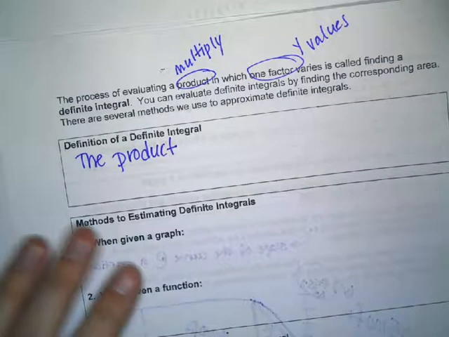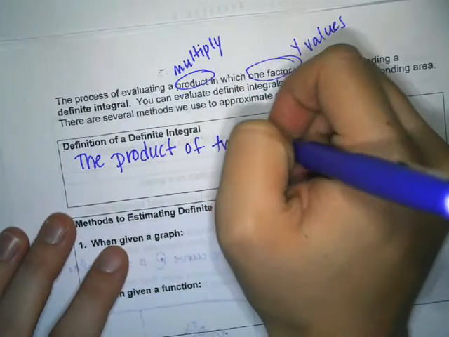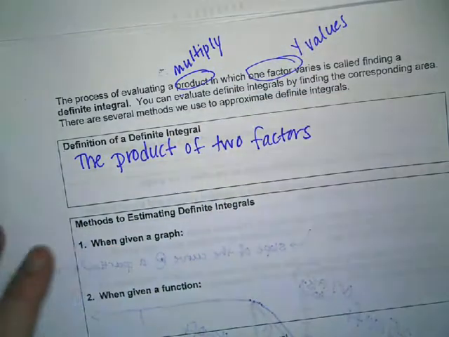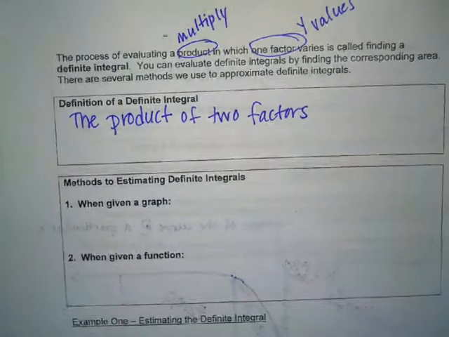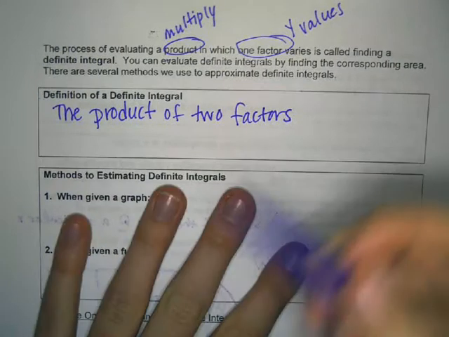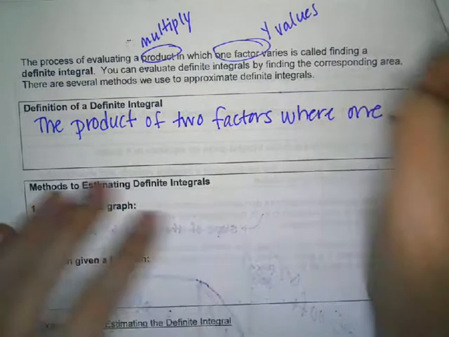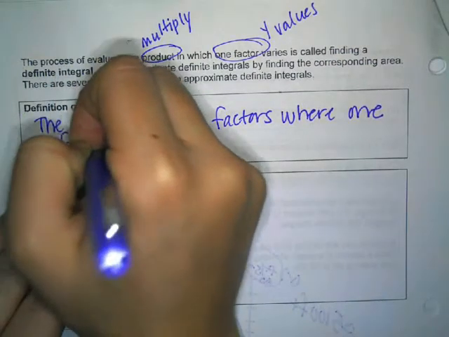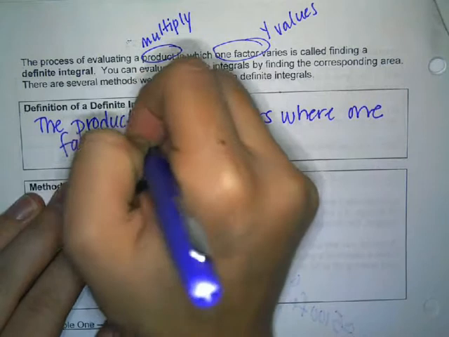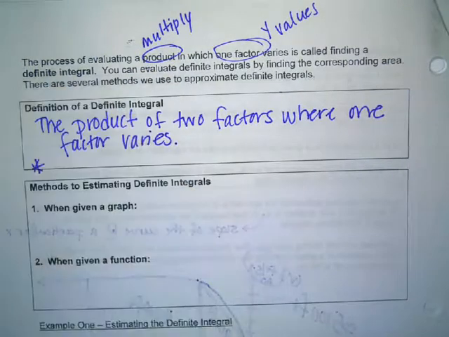Okay, the product of two factors, and when I say factors, I mean two things that you're comparing in the problem or that are associated in the problem, like an x and a y. So the product of two factors where one factor varies. And then we're going to include some of the things that integrals are used for.